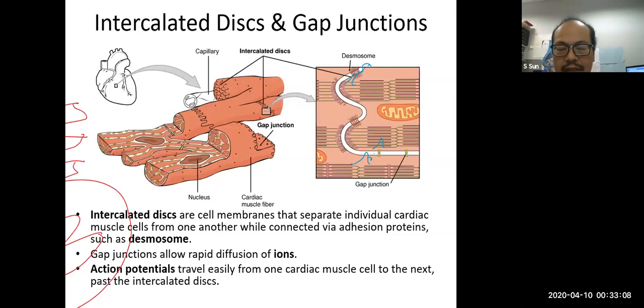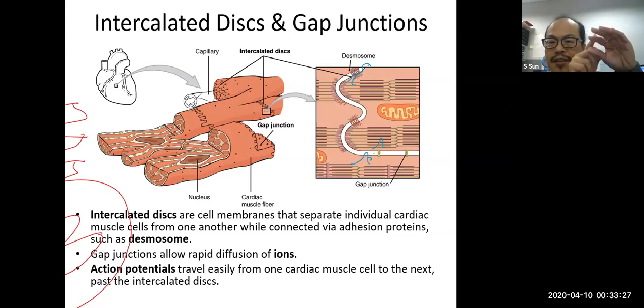It's not like skeletal muscle, where each muscle is separated from the others. So we can control precise movement, because we can control different muscles to move separately. But the heart is different.